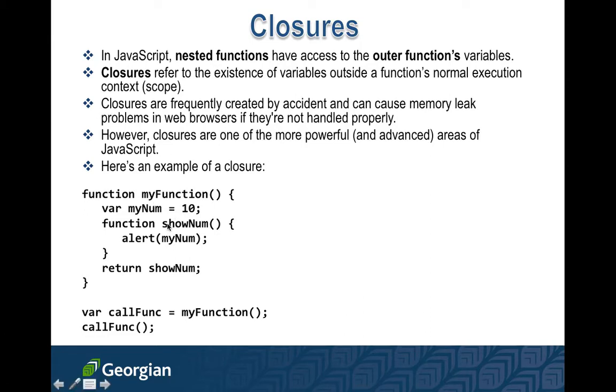Okay, cool. So now showNum gets called, and it creates this alert that takes the value of myNum, which is equal to 10, and pops it onto the screen. So in effect, when I'm calling my function, I'm actually calling this anonymous inner function, which we classify as a closure.